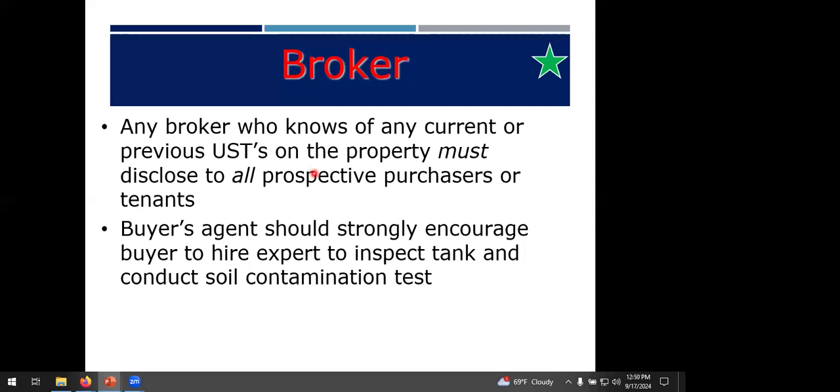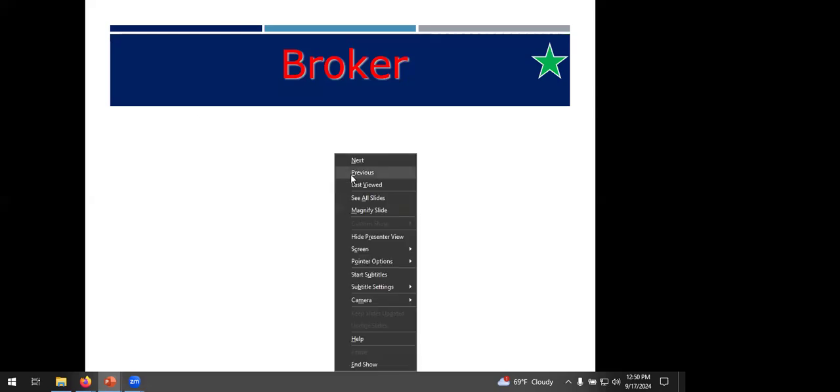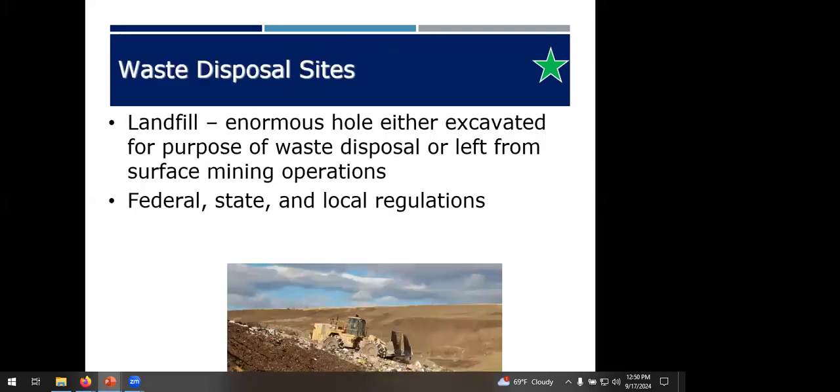Let's see what agency helps with the cleanup since it's expensive. I don't know their name, but it's going to be with the act, whatever act we just saw. My back button's not working.